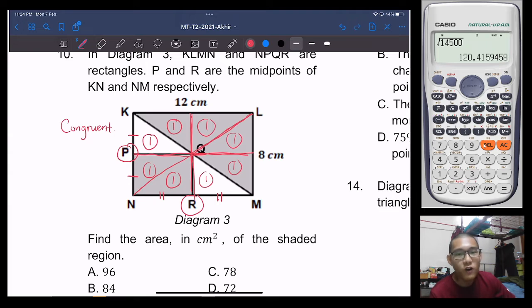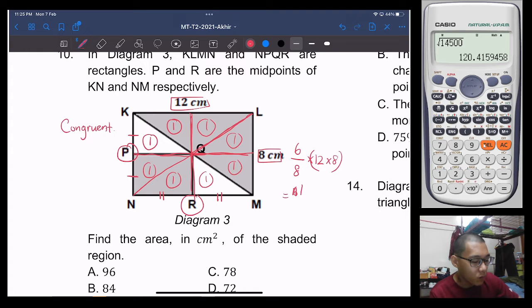So how to find the shaded region? The total number of shaded triangles is 6 from 8. So we can multiply by what? What's the area? We have 12 times 8 to find the area.